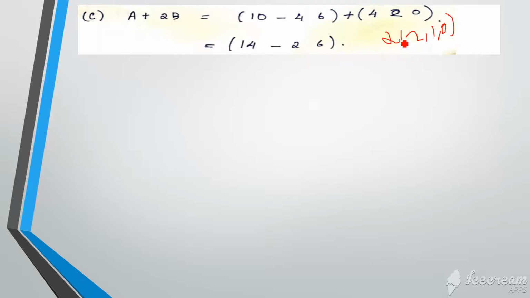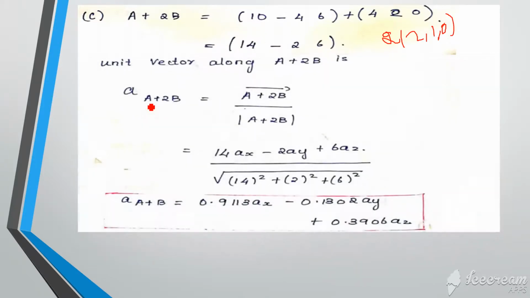Multiplying 2 inside, it becomes 4, 2, 0. Then adding these two, we get the result 14, minus 2 and 6. For this resultant, we can find the unit vector. The unit vector is the vector A plus 2B divided by its modulus. The resultant is a vector, so take the modulus. The answer is this one. The magnitude of this unit vector is approximately equal to 1.